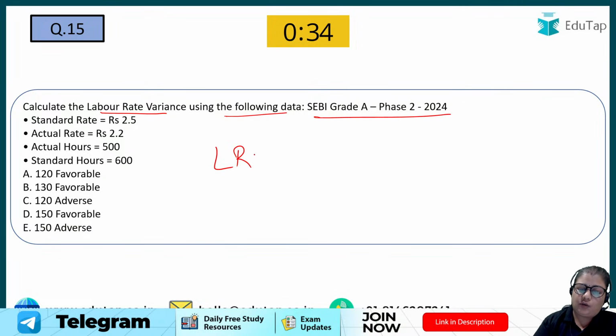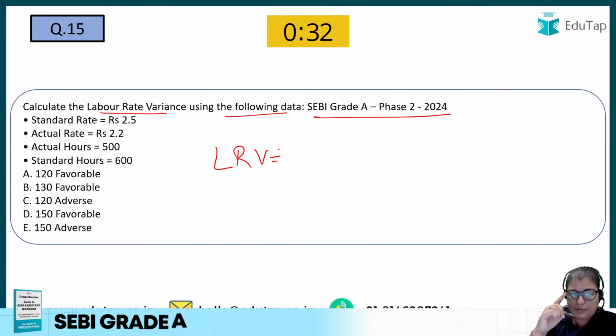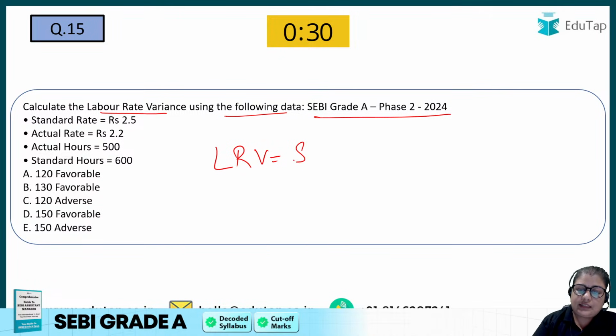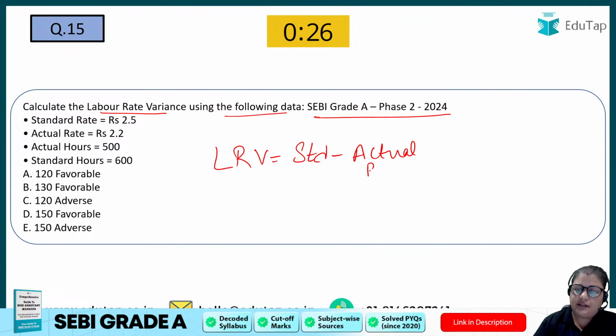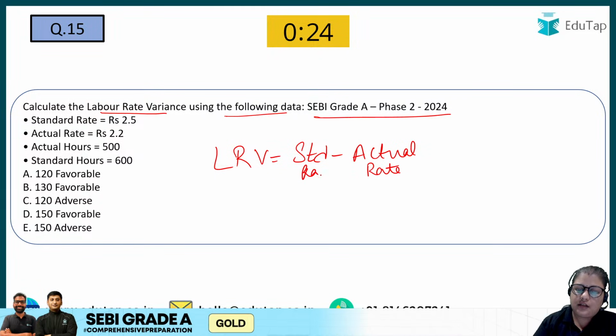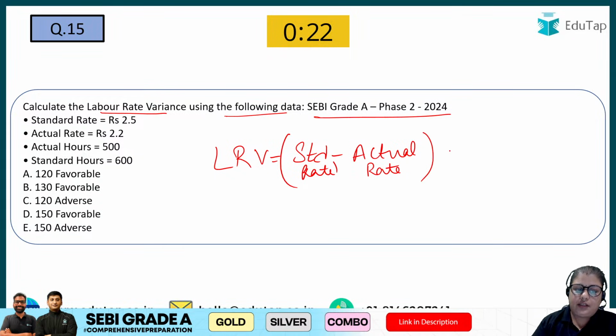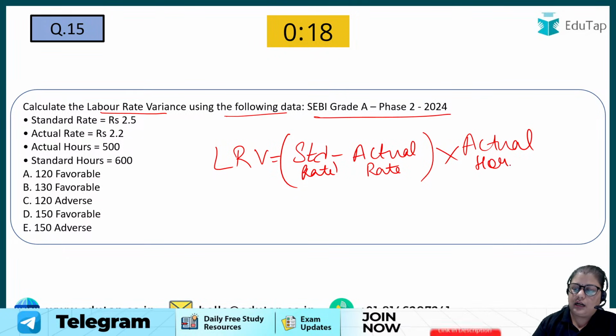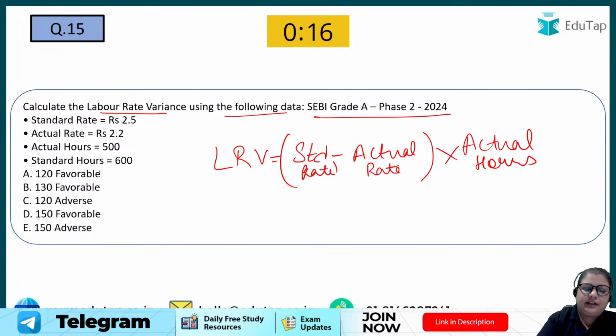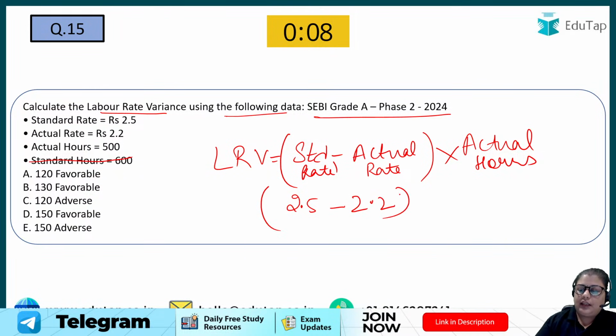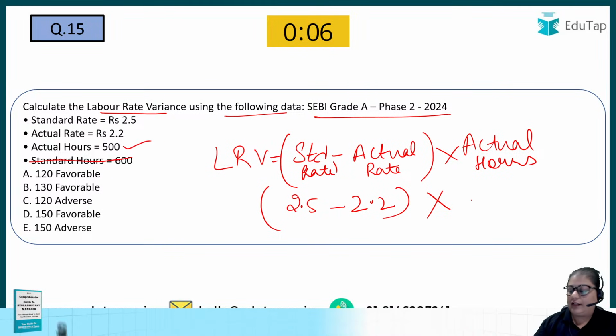It is standard rate minus actual rate, into the actual hours worked by the labor. Standard hours we will neglect. Standard rate is 2.5 minus actual rate 2.2, into actual hours 500.